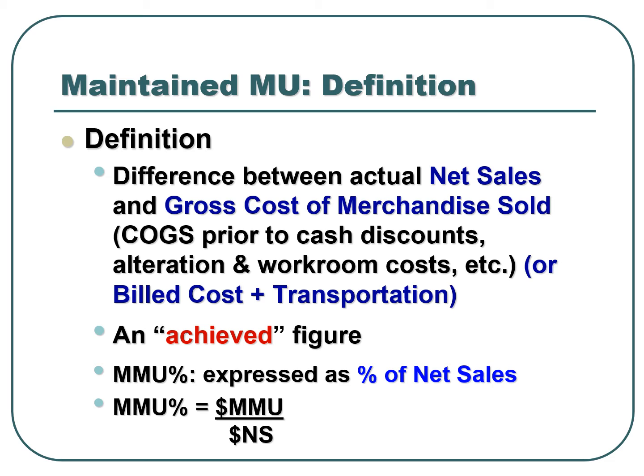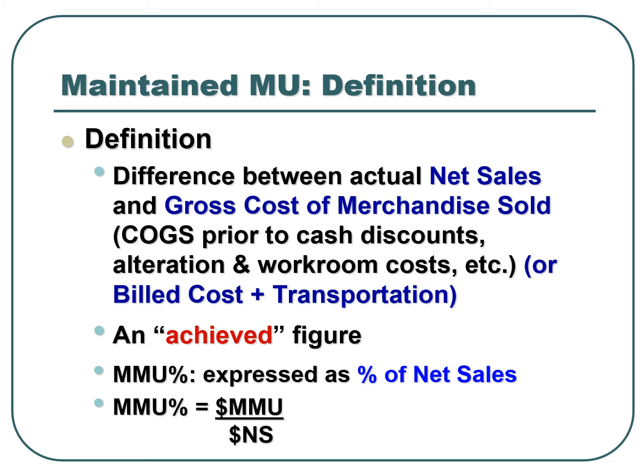And then the cost, what's the actual cost? We use the gross cost of merchandise sold. We learned this term earlier when we talked about different intermediary steps to calculate cost of goods sold. Gross cost of merchandise sold is basically the cost of goods sold prior to cash discount and alteration costs being taken into account.